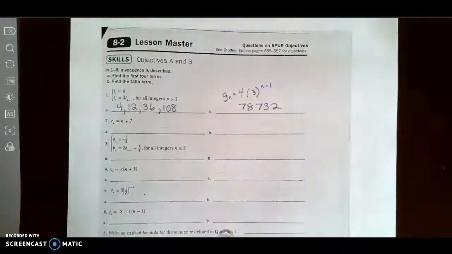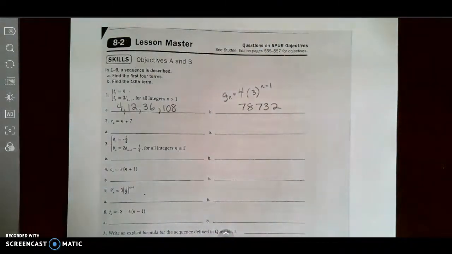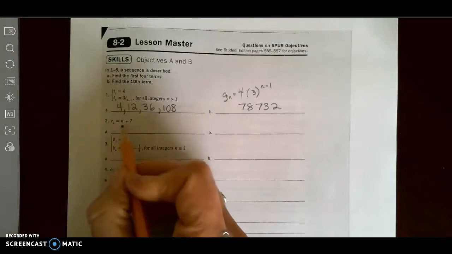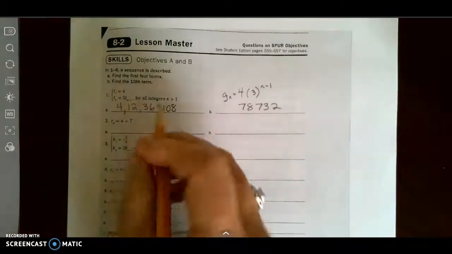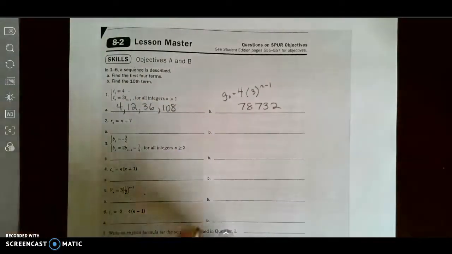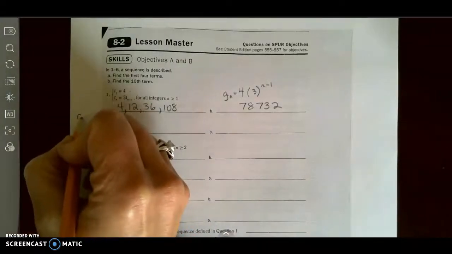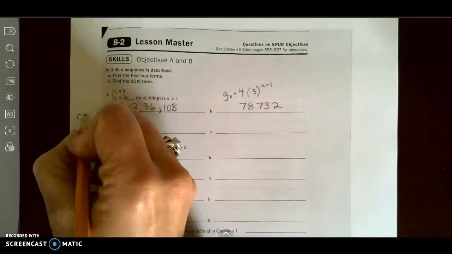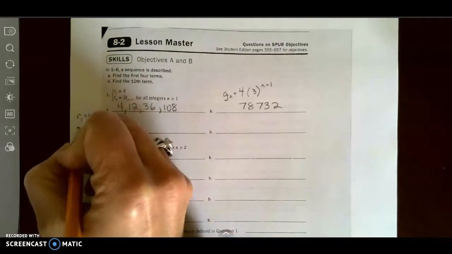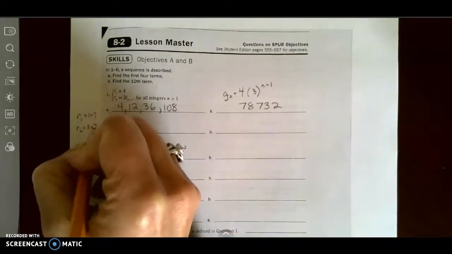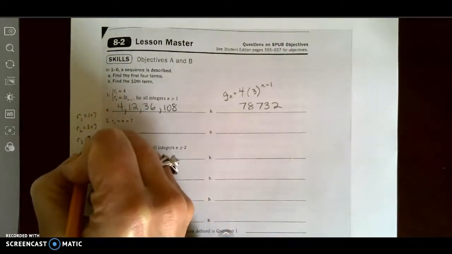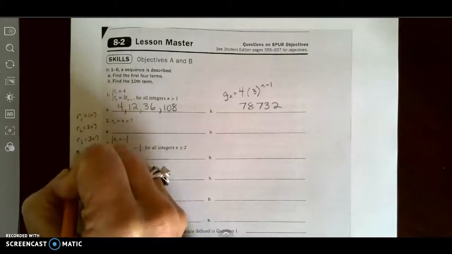78,732. Right. For this next one, it says find the first 4 terms. So when I'm going to do that, let's do my work over here. R sub 1 would be 1 plus 7. R sub 2 would be 2 plus 7. R sub 3 would be 3 plus 7.